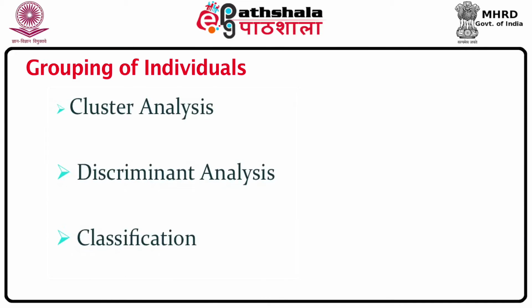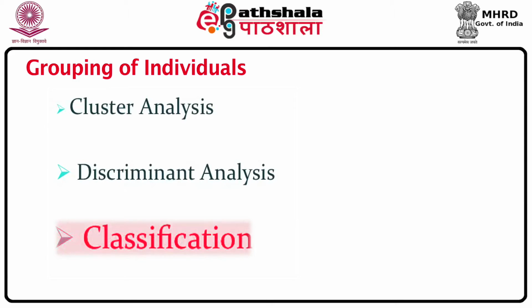The final problem is when a new individual comes in, then we need to classify this individual into one of the given clusters. So we need to check how this individual's characteristics match with a given cluster, and the closeness of the match actually classifies the individual to a particular cluster. This is referred to as a classification problem.